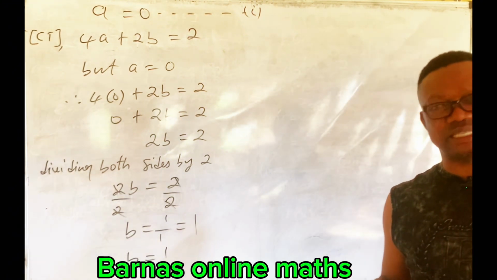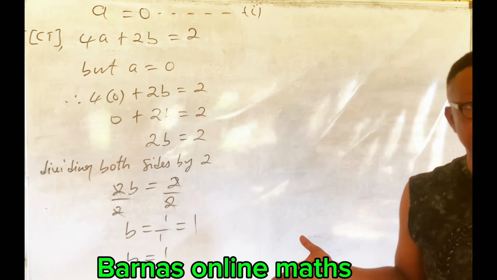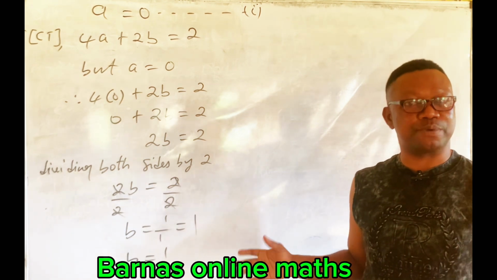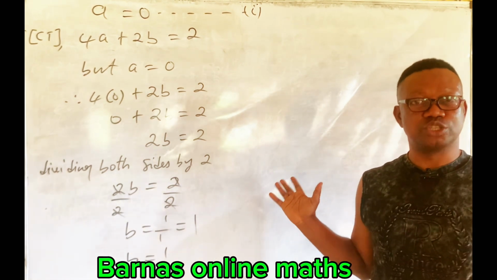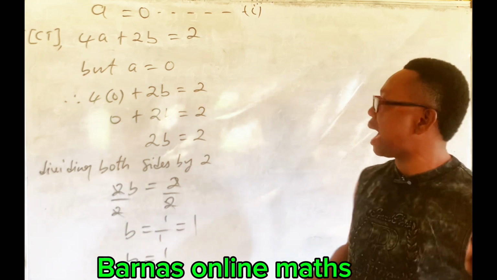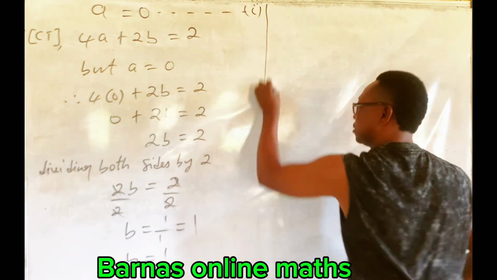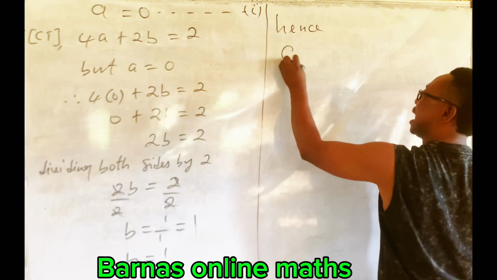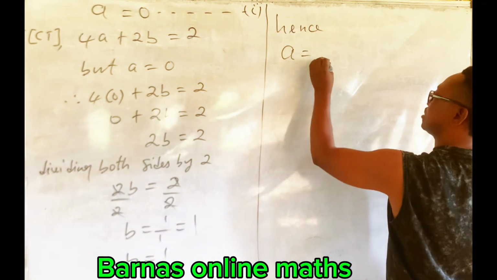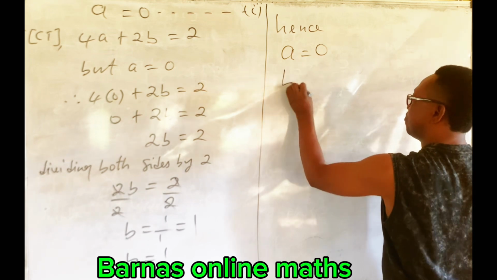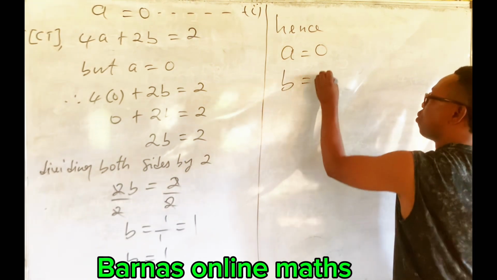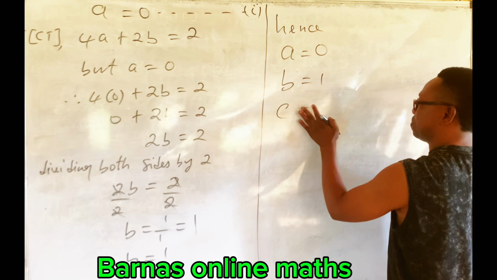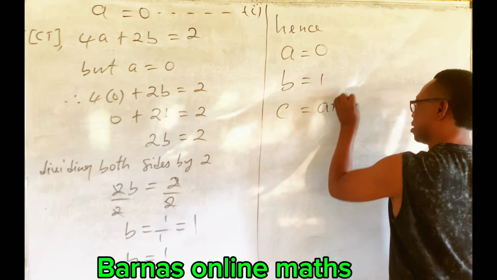What is remaining is c. Found out that c becomes arbitrary because they terminate themselves. So c is said to be what? Arbitrary. Hence, our a is said to be 0, our b is said to be 1, and our c is said to be what? Arbitrary.